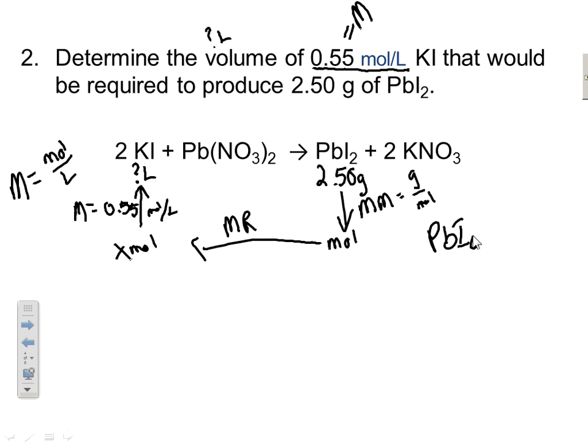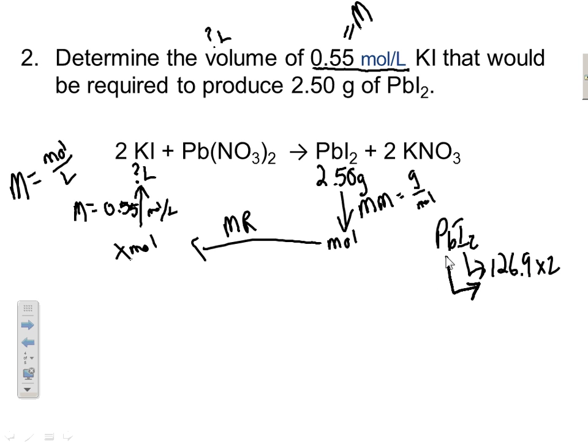PbI2, and I is, oops, no, I thought it was chlorine, which is 35.5. Iodine is not 35.5, so I need to put my Pb back in here. Iodine, I better check my little table here. 126.9, 126.9 times 2.